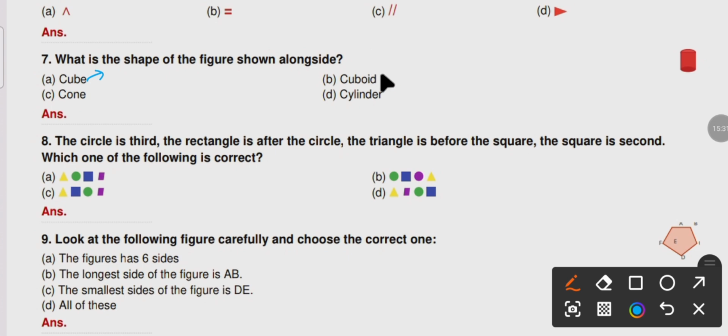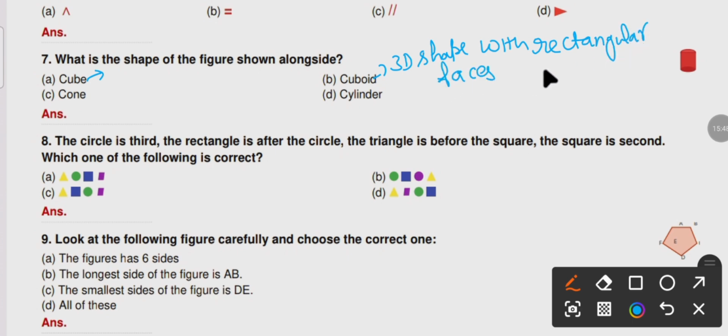Cuboid, it is also 3D shape. Okay, but what is the difference? 3D shape with rectangular faces, like a shoebox, or we can give the example of matchbox. Okay, so matchbox is cuboid shape. Now next, cone.